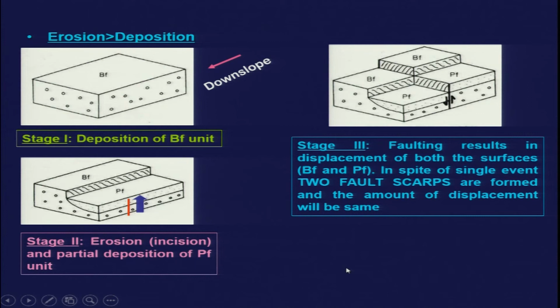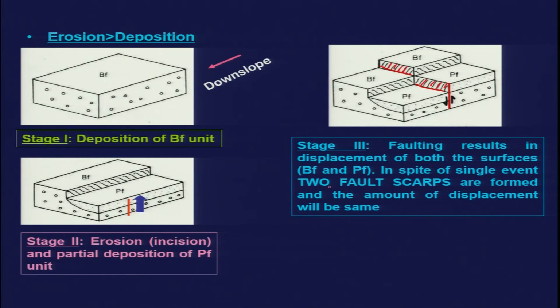Both the surfaces are displaced here. Now, in spite of a single event, two fault scarps are formed. In section you have the fault, and the fault trace is running like that. So you have one scarp here, another scarp here.